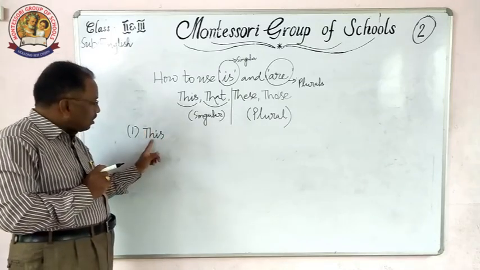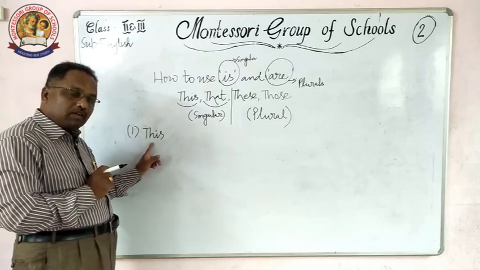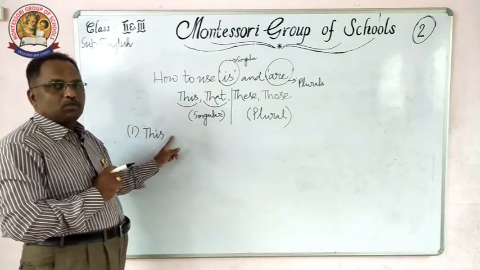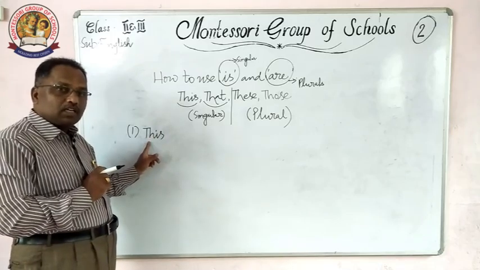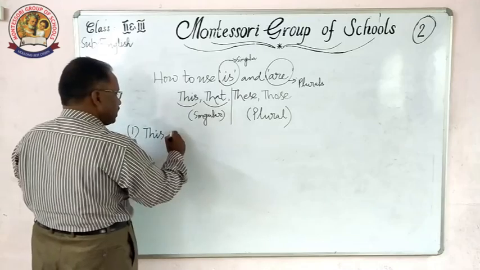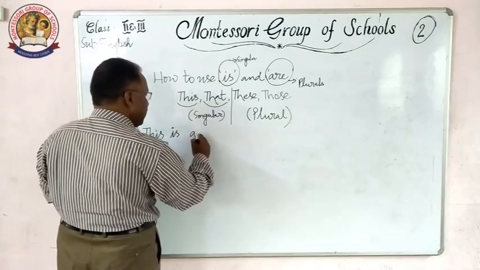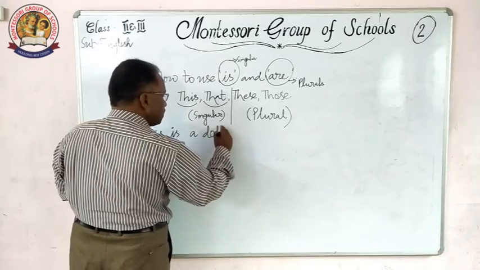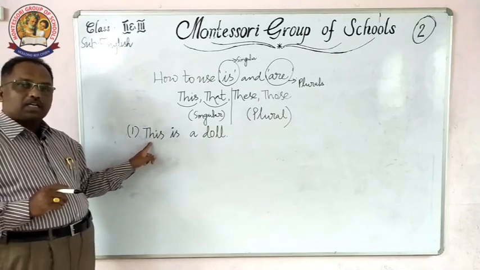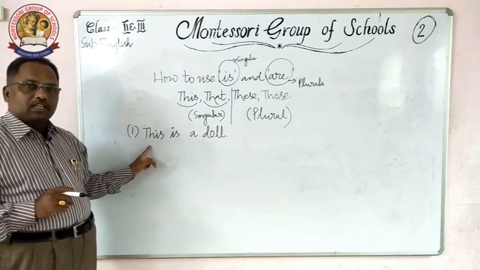That means whatever noun or pronoun form we have, we should use the same verb form also. So this is singular, so naturally we have to use the verb also singular. That is, this is a doll. Now here you see, it is a meaningful sentence.